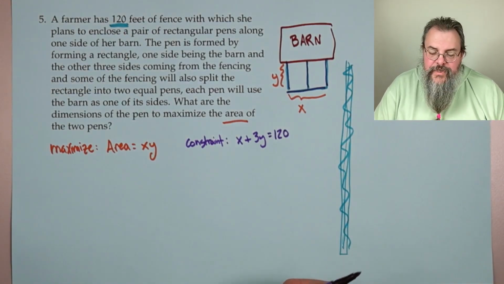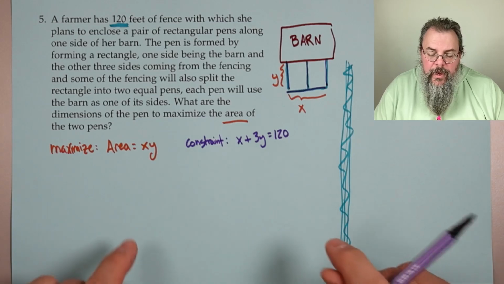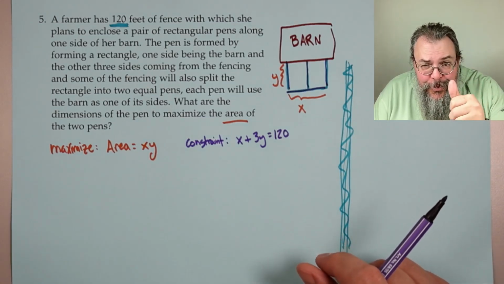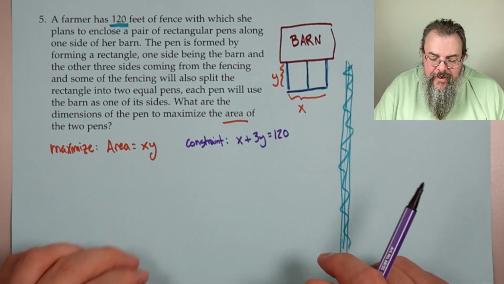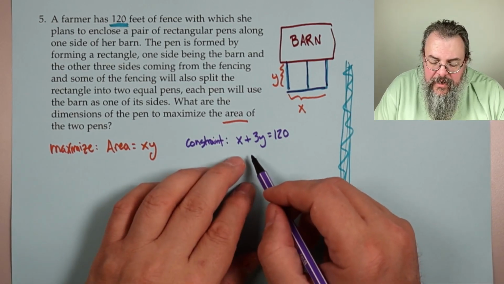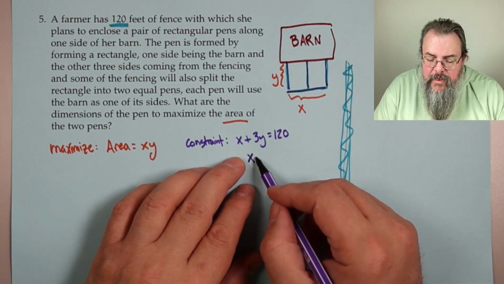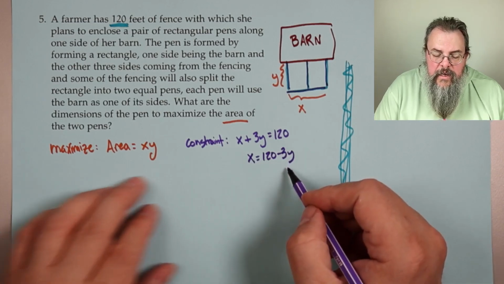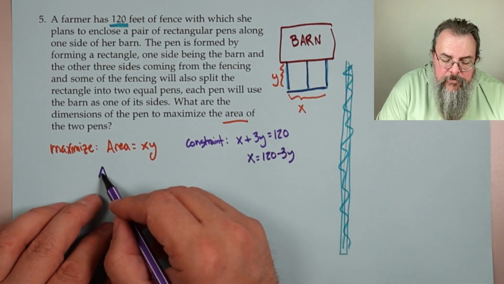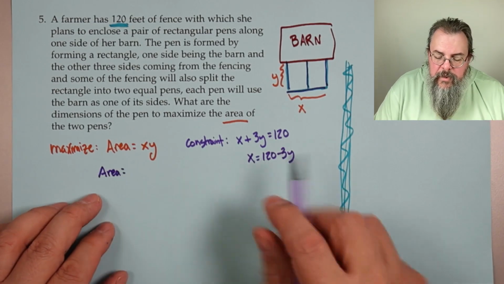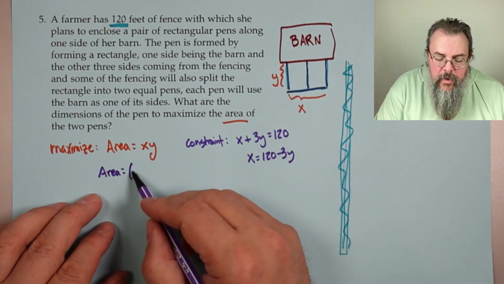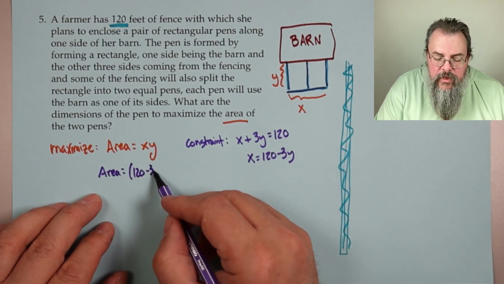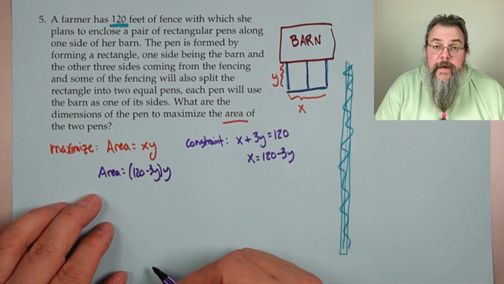Good. So what do we do? Well, let's get down to one variable. And so we can use our constraint. So for instance, we could say, hey, you know what? x is the same as 120 subtract 3y. So then our area, if we replace x, becomes (120 subtract 3y) times y.